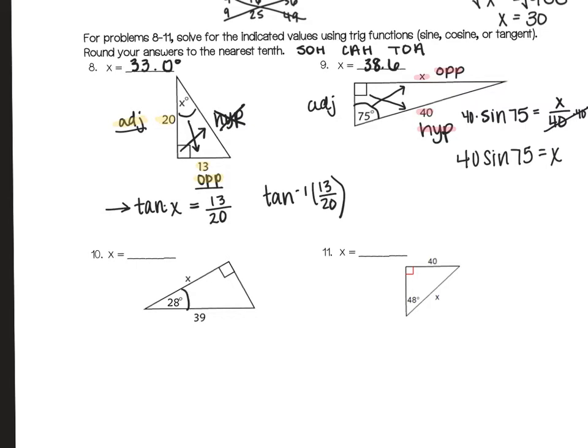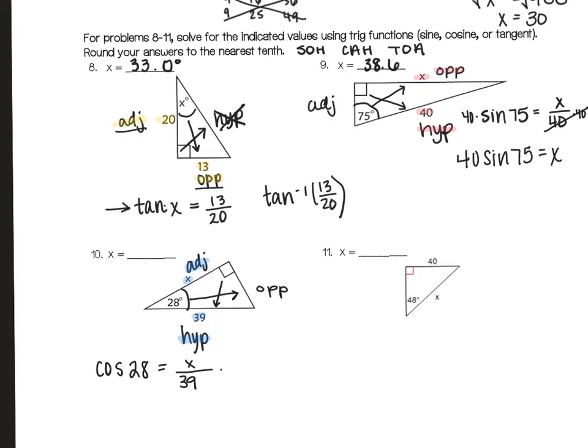For number 10, I label this side opposite, this side hypotenuse, and this side adjacent. This time, I have adjacent and hypotenuse with labels. If I look, I'm using cosine. So cosine 28 equals adjacent, which is x, over hypotenuse, which is 39.